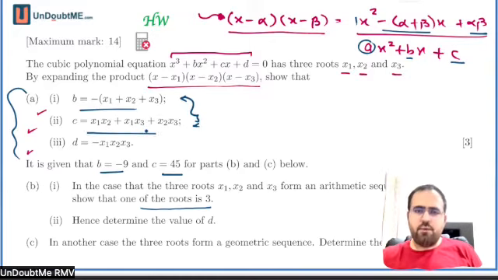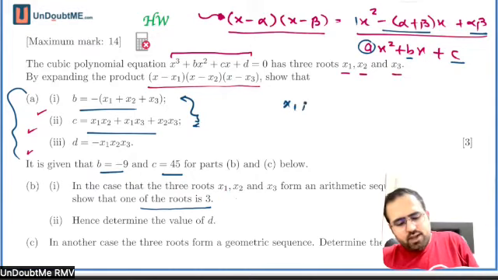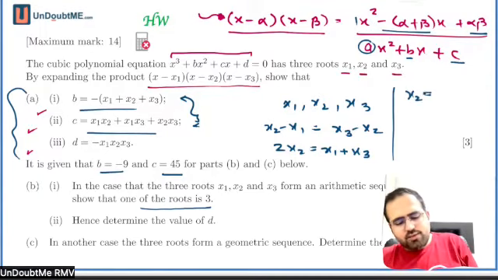If they are saying it is forming an arithmetic sequence, what is the meaning of arithmetic sequence? If x1, x2, x3 are forming an arithmetic sequence, then x2 minus x1 will be equal to x3 minus x2, and that gives twice x2 is equal to x1 plus x3, which gives x2 is equal to x1 plus x3 by 2.